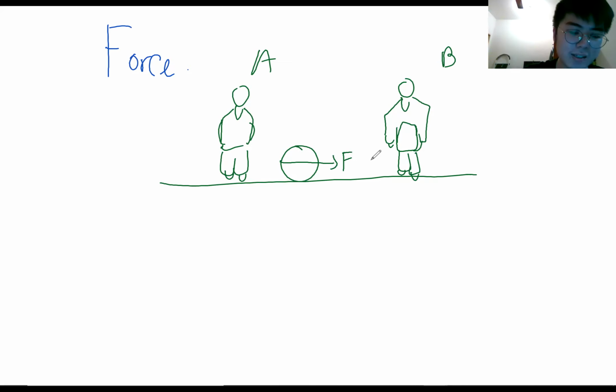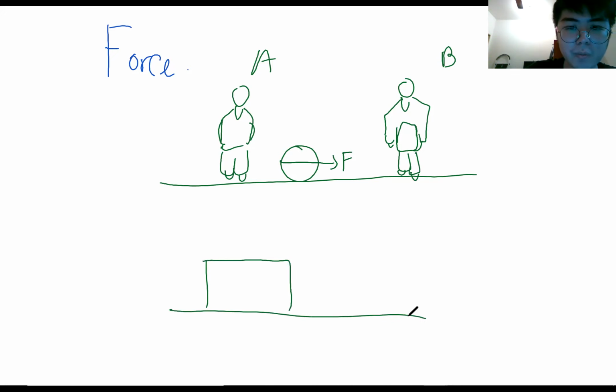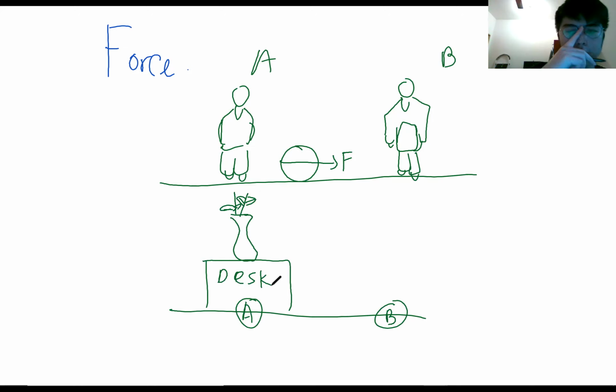Now consider another scenario where you want to move a desk from point A to point B. How will he do that?